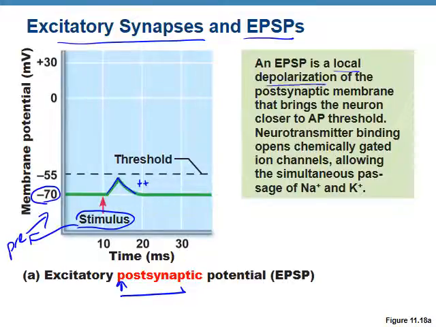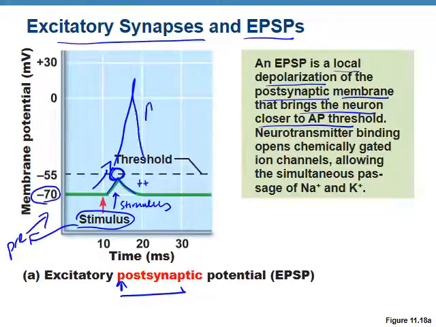So local depolarization of the postsynaptic membrane brings that neuron closer to its AP threshold. So if there's another stimulus, this neuron is very close to threshold. All it would take was a slight stimulus to cause this neuron to completely depolarize and have an action potential.